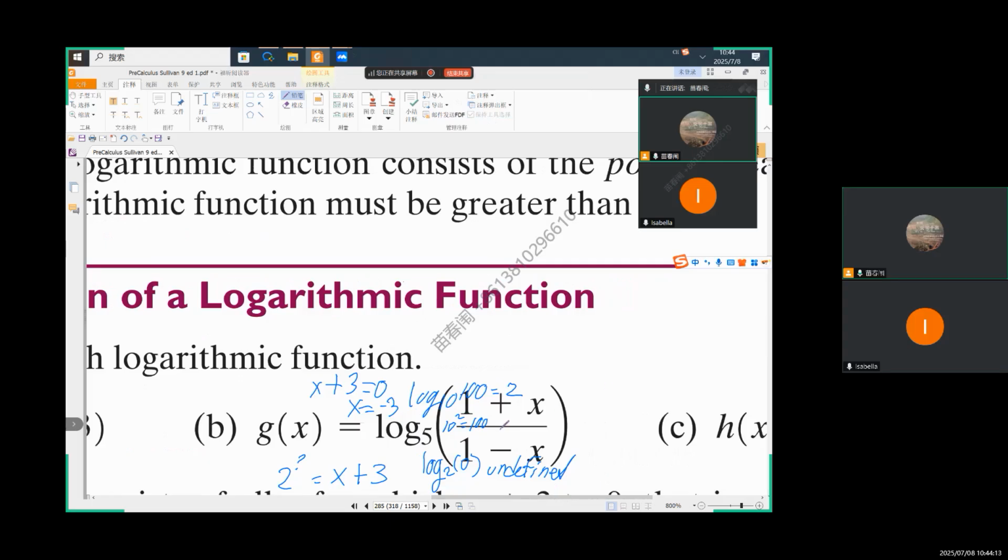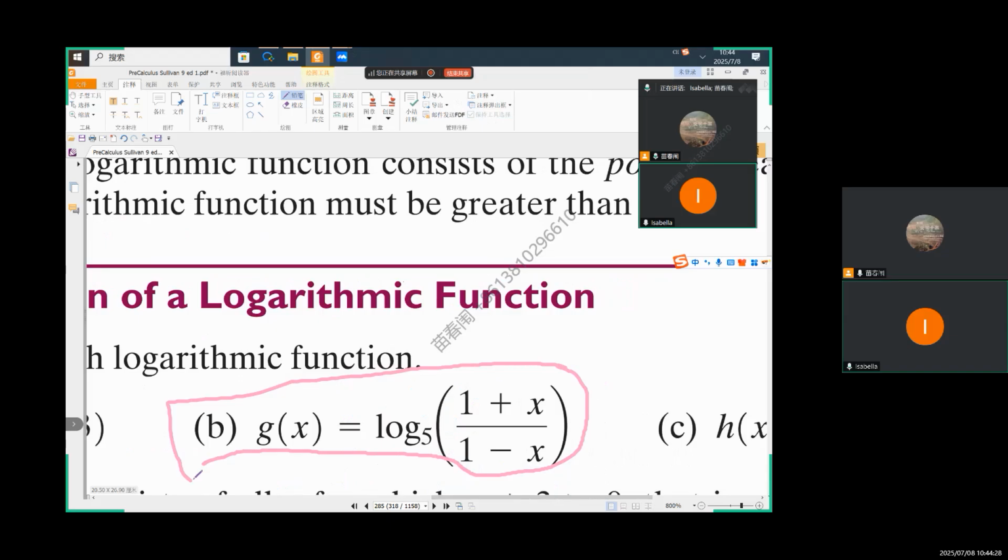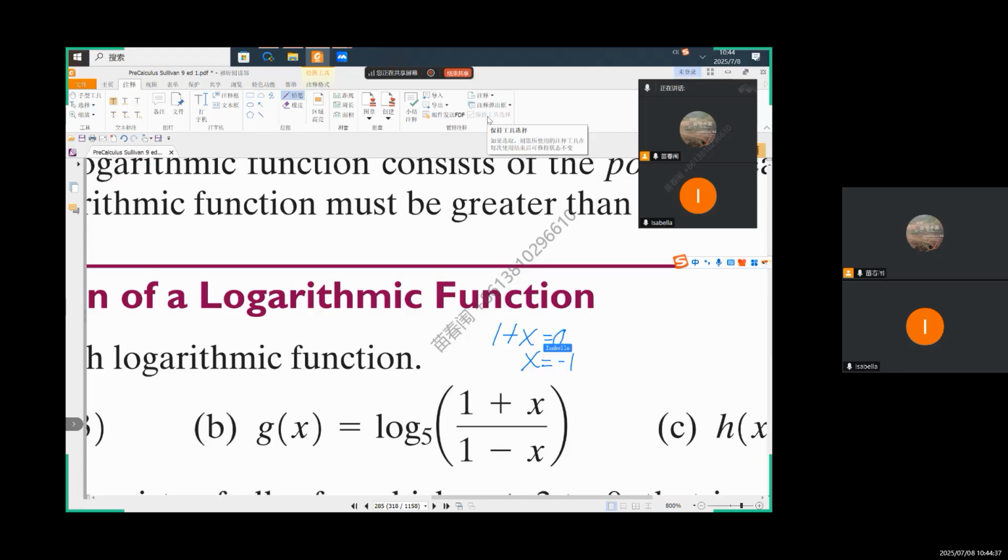How about this one? B. The domain, still domain. It has to be greater than, because both would leave it undefined.